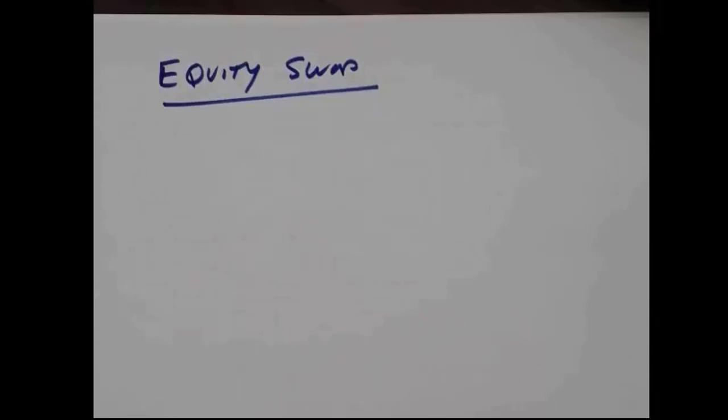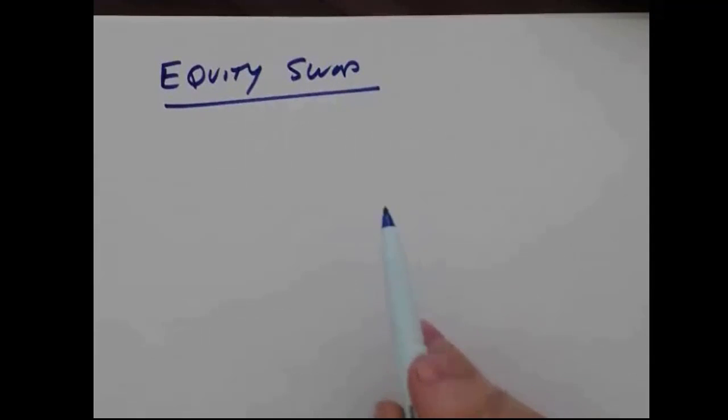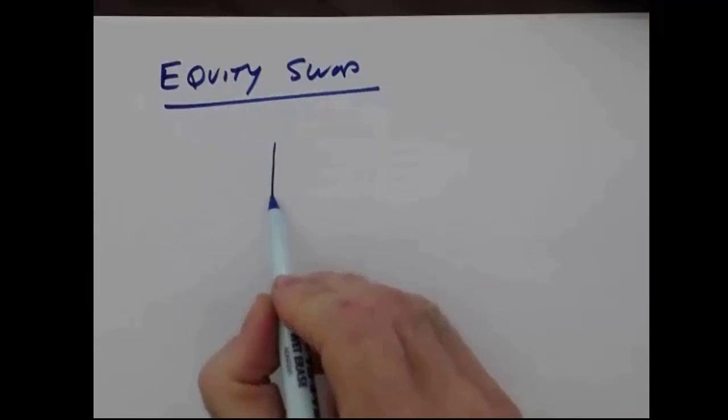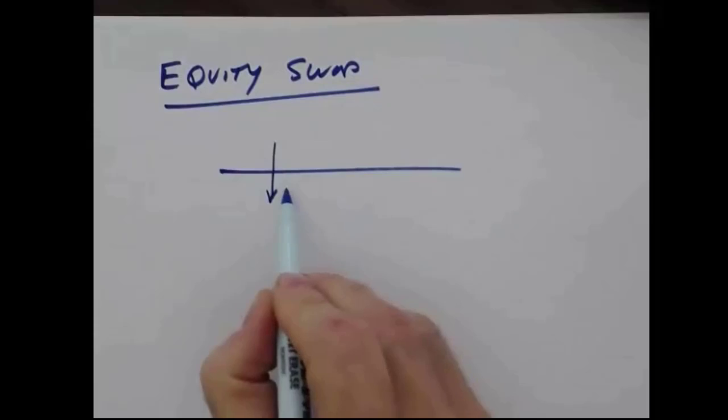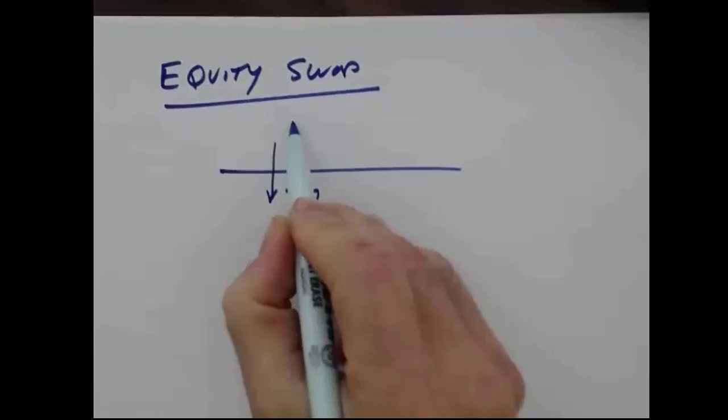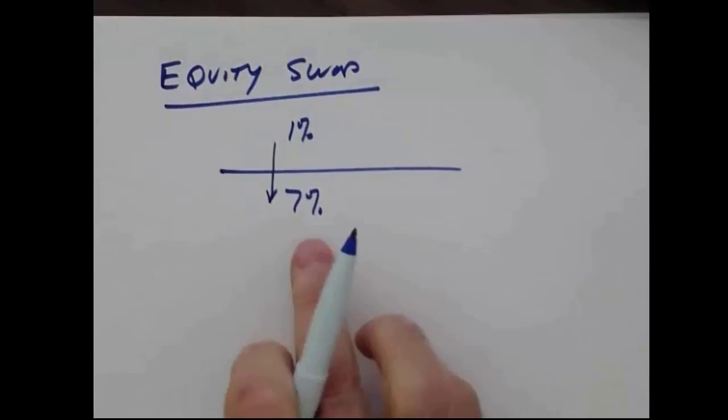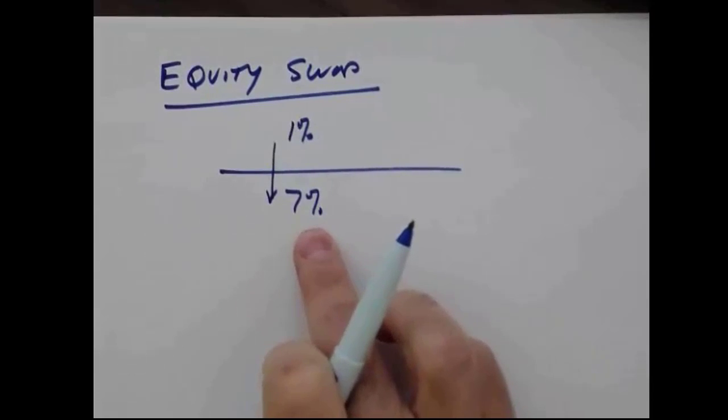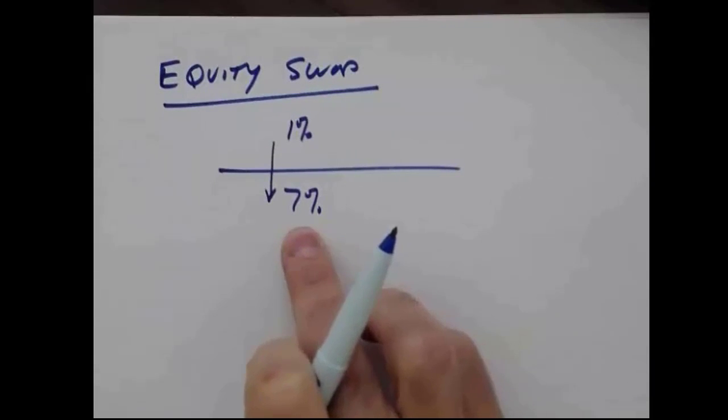If the S&P yielded 7%, you'd be paying 7% and receiving 1% fixed if the return on the S&P for that quarter was 7%.